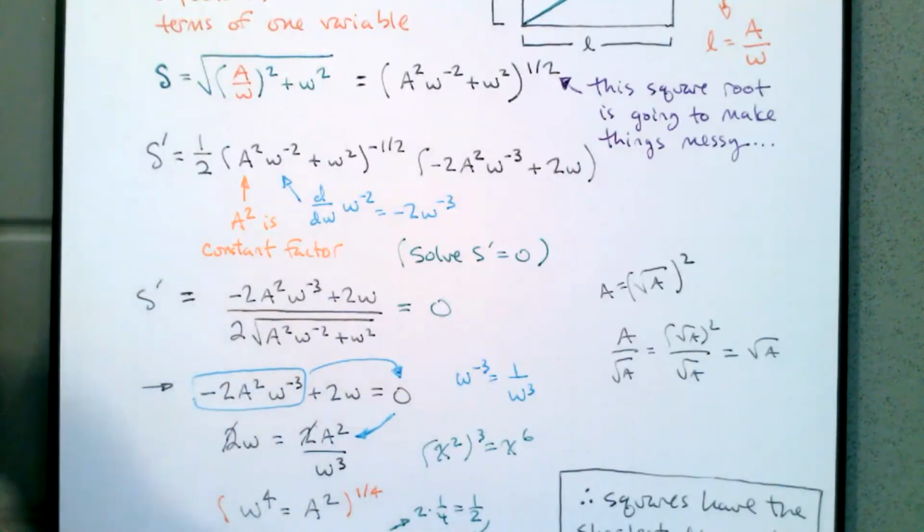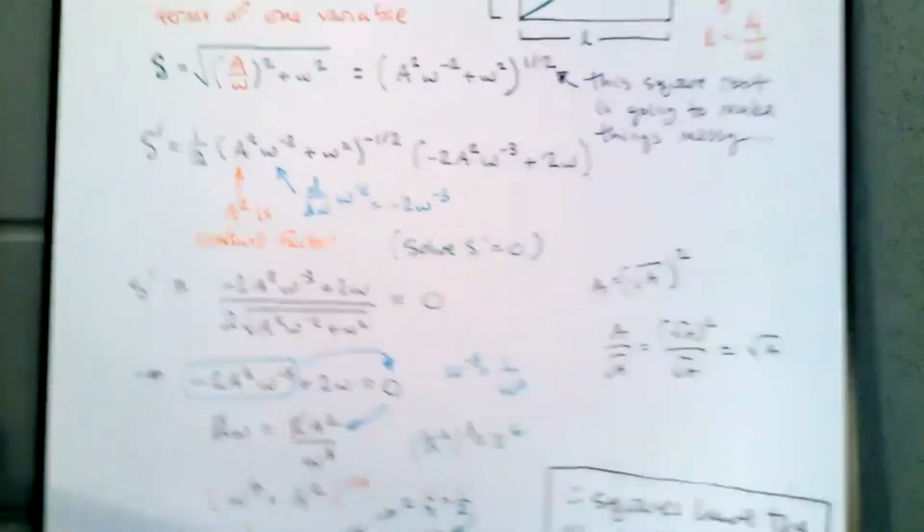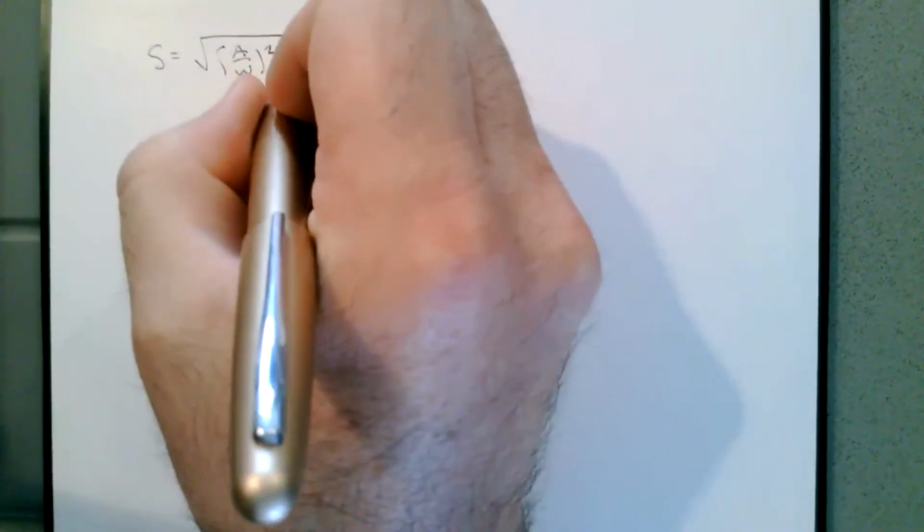Another common trick is when you're trying to minimize a distance, minimize the square of the distance. That kind of drops off this square root business, which is one of our 3 great tricks of mathematics. Add 0, multiply by 1, or switch to a smaller problem. So s is the square root of a over w squared plus w squared.